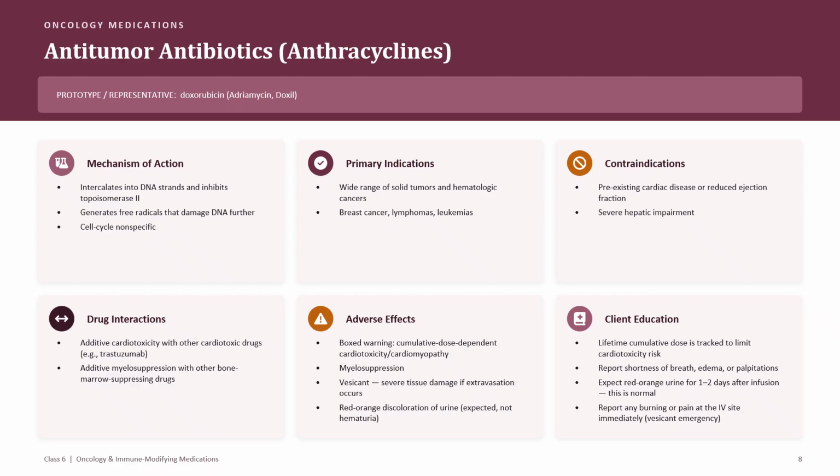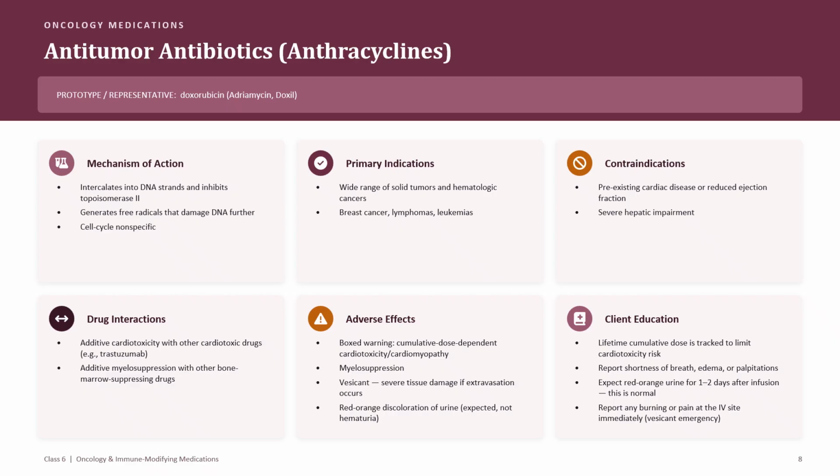So with this medication, when we are administering it intravenously, most of the time your patients who are receiving any form of chemotherapy usually have a port or a central line or some sort of large bore IV that's going to make sure it doesn't leak out of the vein.